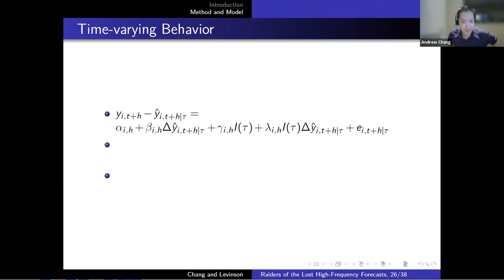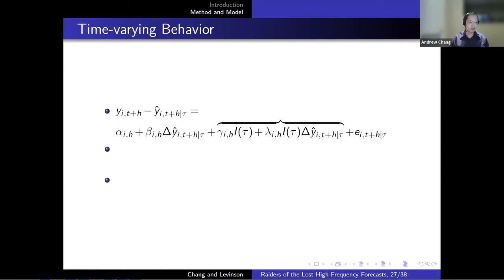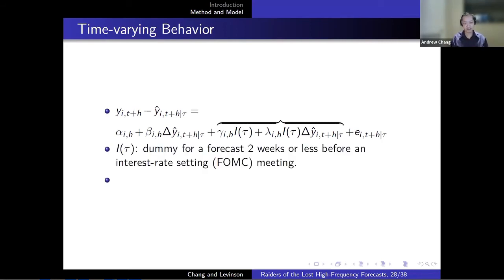The first pass at this, we estimate this equation where the new terms are indexed by this indicator I tau, which is just a dummy for whether the projection was made in the 2 weeks just prior to an FOMC meeting.